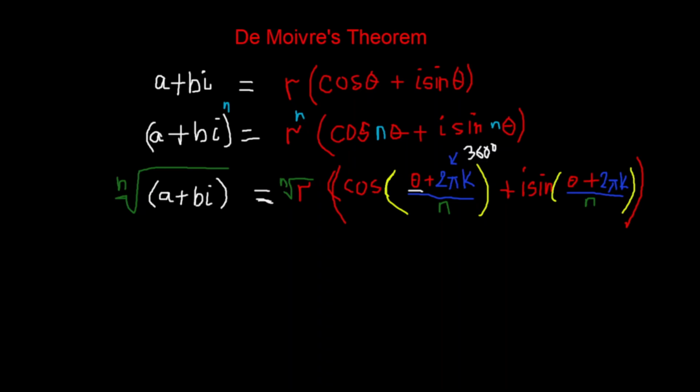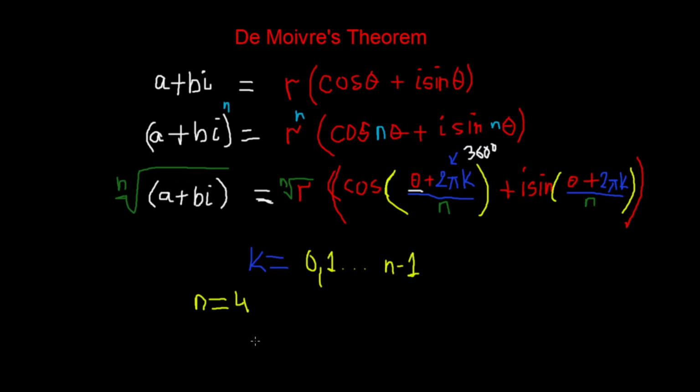Now, what is this k value? This k value is just 0, 1, and it goes on until n minus 1. What do I mean by this? Let's say n equals 4, raised to the 4th root.